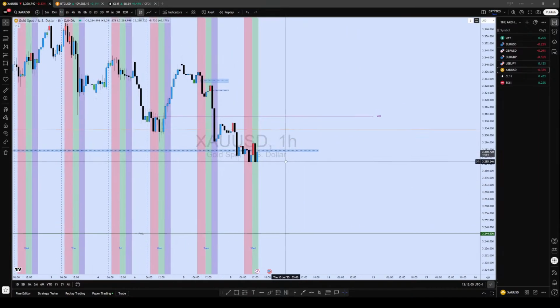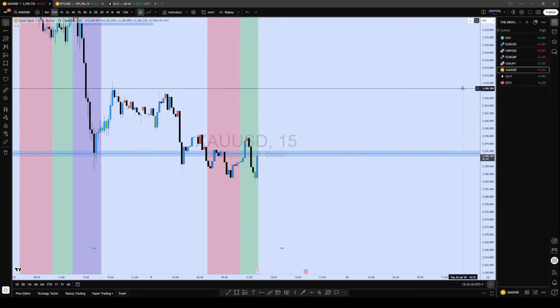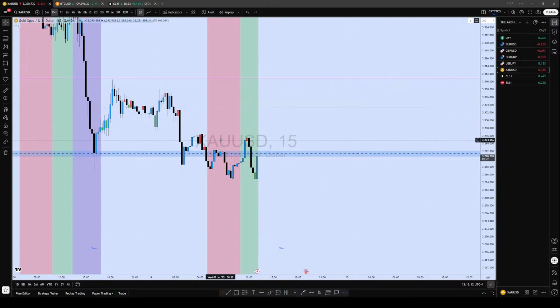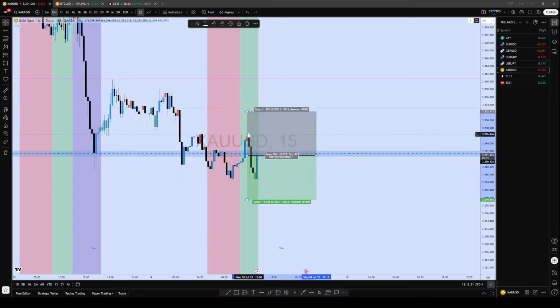The problem now is entry. Looking at this, they do have relative equal highs, so I'll not be a big fan, but if you want to risk it, you can sell exactly where we are.